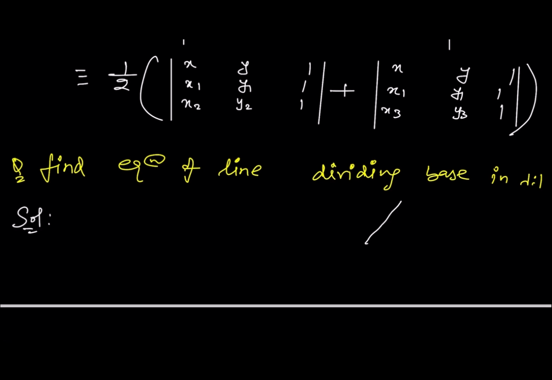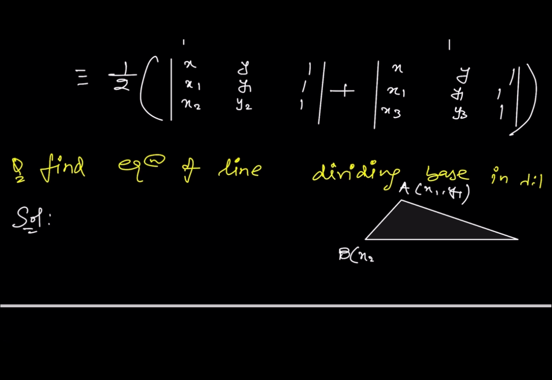So again, if the triangle is given like this, ABC having (x1, y1), (x2, y2) and (x3, y3), and it is given that AD is dividing the base in the ratio lambda is to 1, then D will be ((lambda x3 plus x2) by (lambda plus 1), (lambda y3 plus y2) upon (lambda plus 1)).